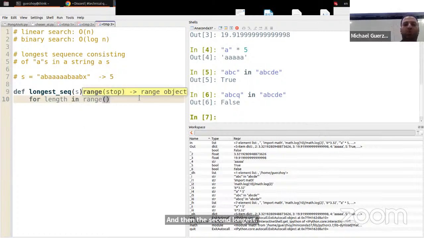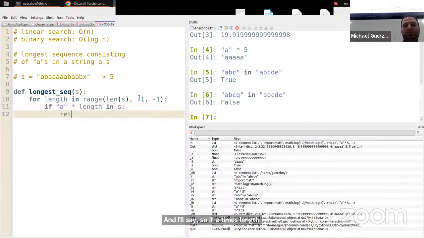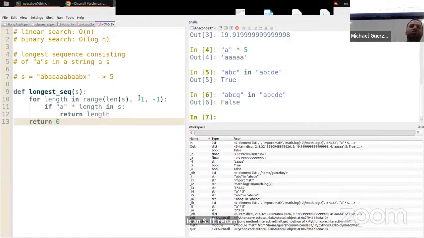So I'll start with length of S, sorry, length of X actually, and then go down in steps of minus one. If A times length is in S, I'll return length. And if I haven't found anything, I'll return zero.